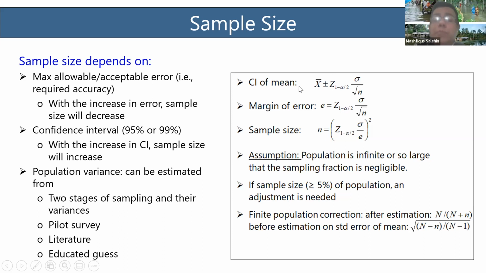Some formulas are there, of course, and if you're familiar with this, I don't have to explain all this. But you can use this kind of formula, where some information is needed. First, the margin of error. What margin of error is acceptable to you? You can consult your probability table, a Gaussian table, choose your margin of error, and use that information to calculate your sample size.